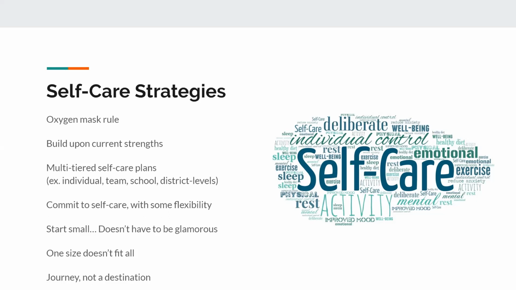We also want to think about committing to self-care with some flexibility, and that definitely sounds a little bit opposite. But what this means is we really want to think about how we can commit to self-care in as much as possible a daily way. So we want to see if we can provide that type of self-care and also recognize that if we're not able to get to that self-care in that day, in that moment, that's okay too.